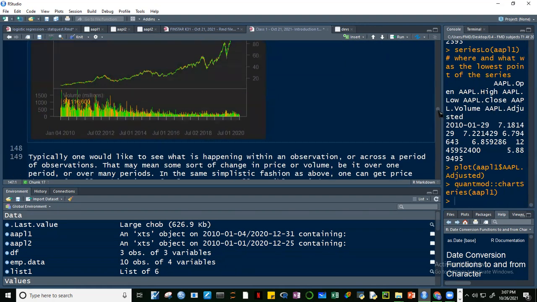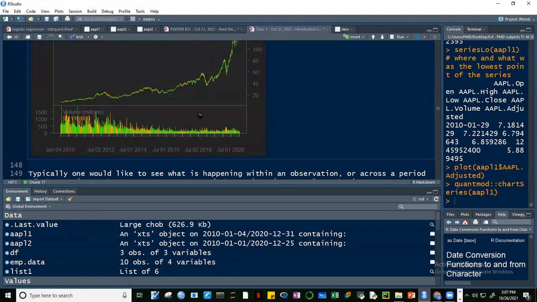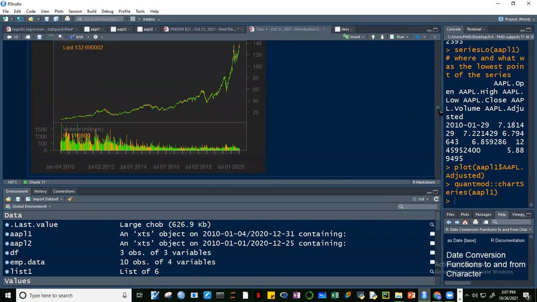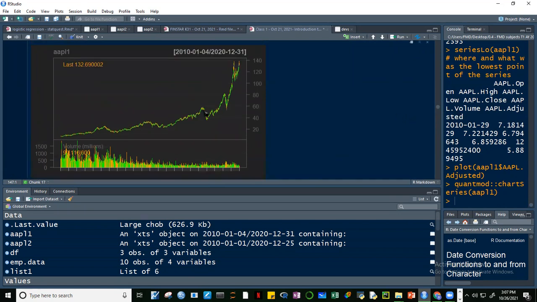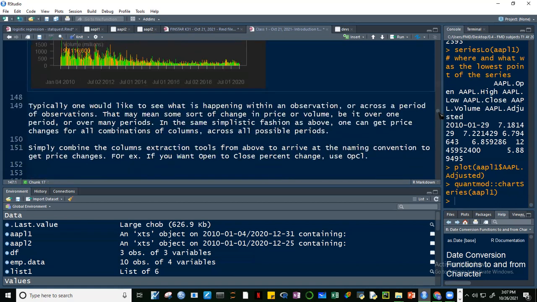You can see here this is the volume traded in millions, and these are actually candle charts. We can see it because of the range of the data, but we're going to show in another plot how this really looks when we zoom in to a particular section.